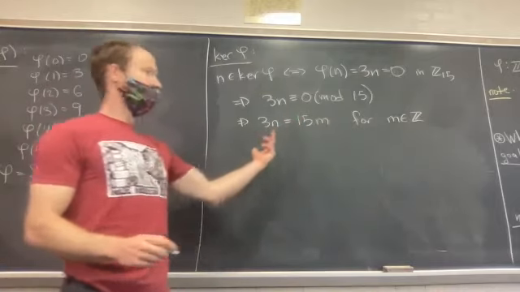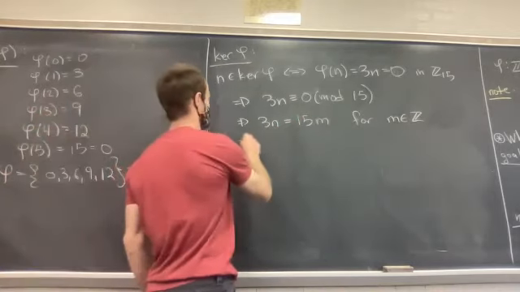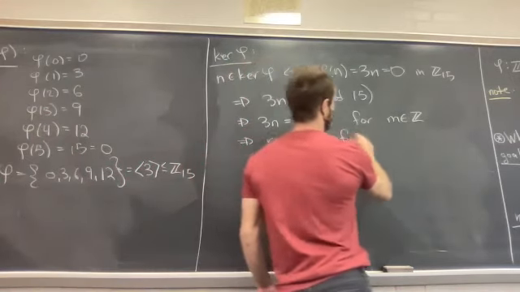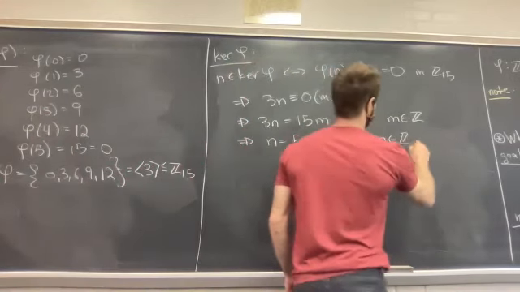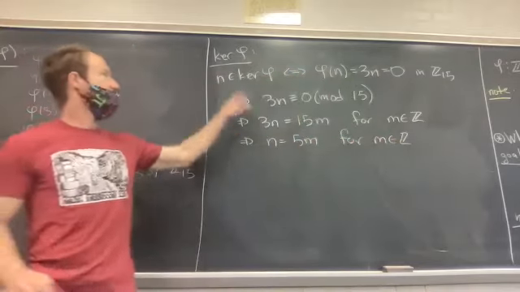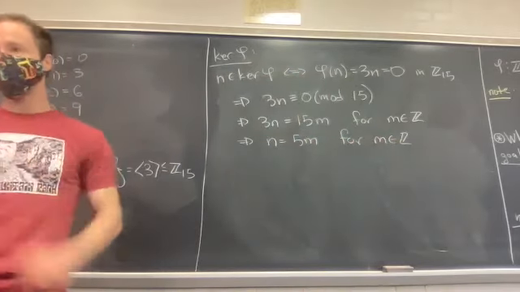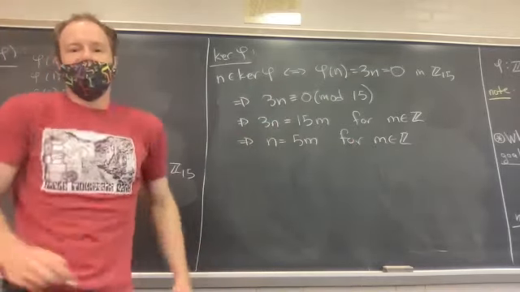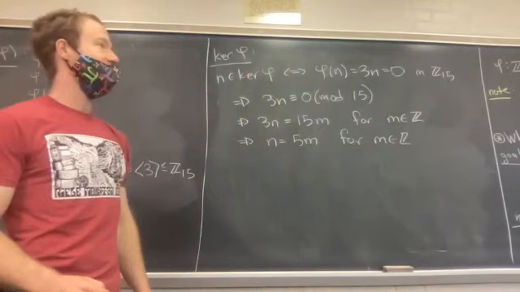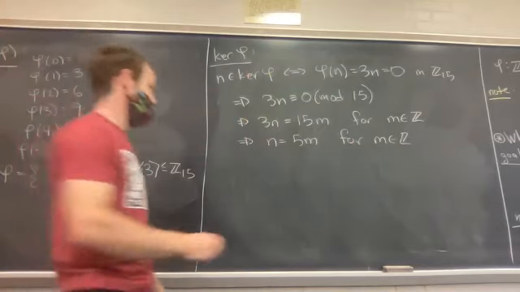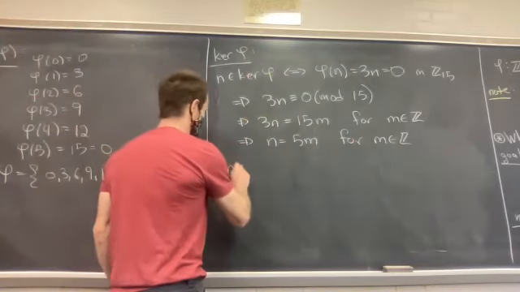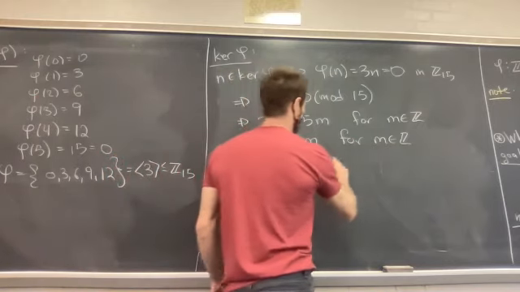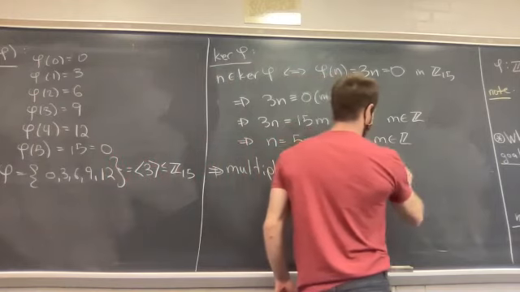Now notice we can divide by 3, right? So that tells us that n is equal to 5m for m in Z. That means n is a multiple of 5. But now we just want to look at multiples of 5 inside of the domain. Remember, our domain is Z50. So we need multiples of 5 in Z50.